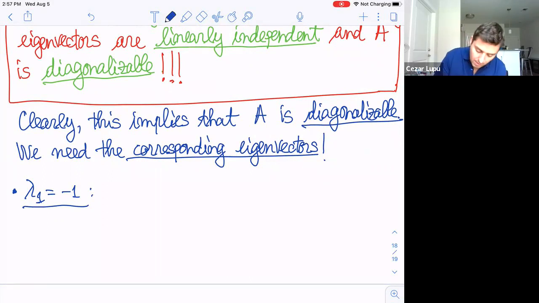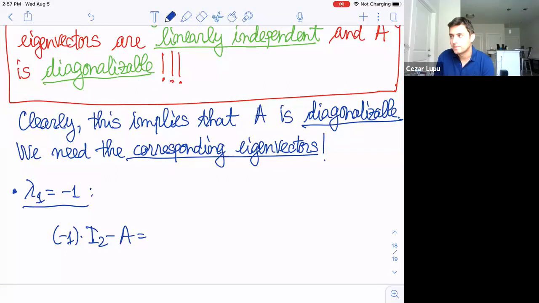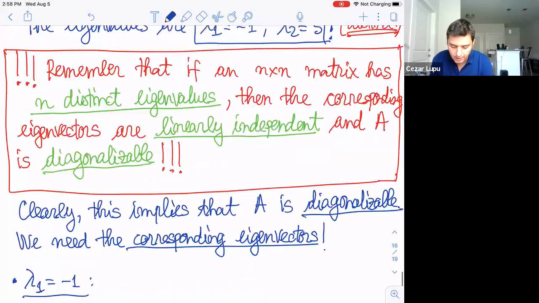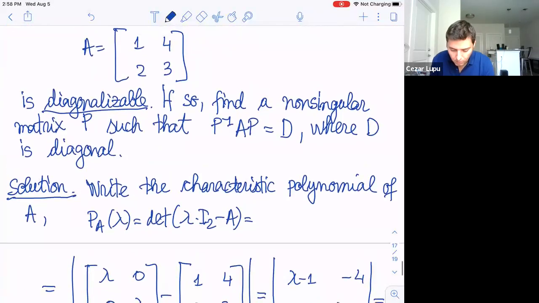We have that -1 times the identity minus A, this guy, will give us this -1, 0, 0, -1, minus A, which is, wait, what is A? 1, 4, 2, 3.